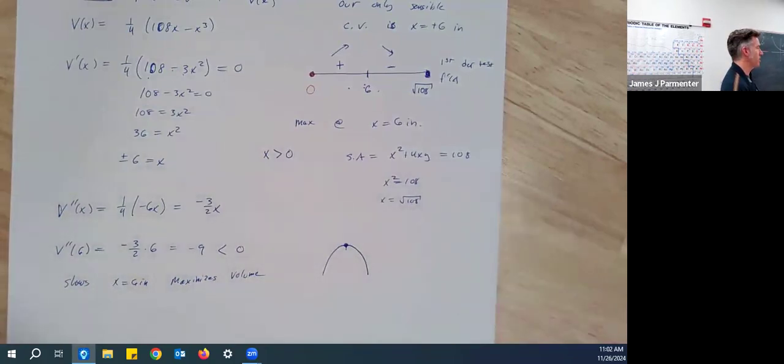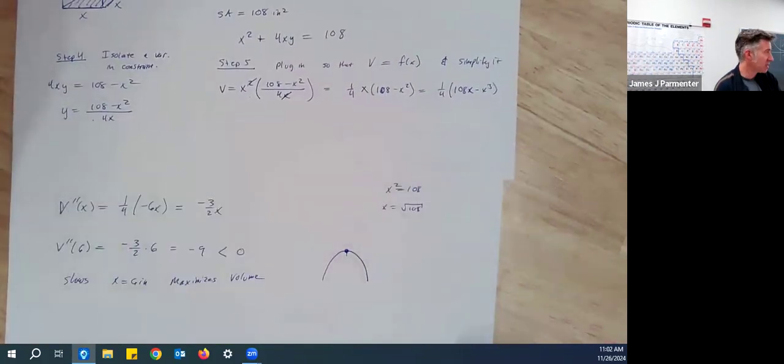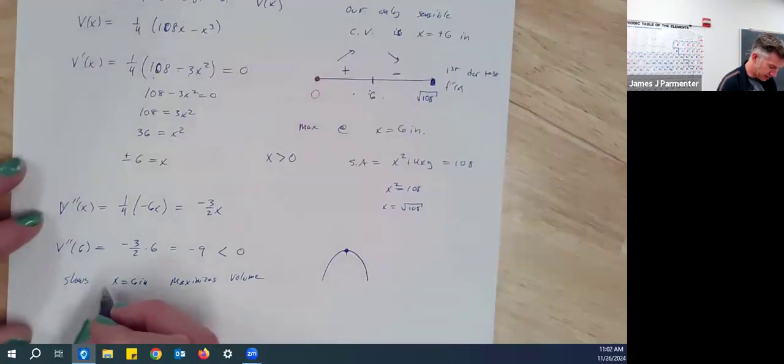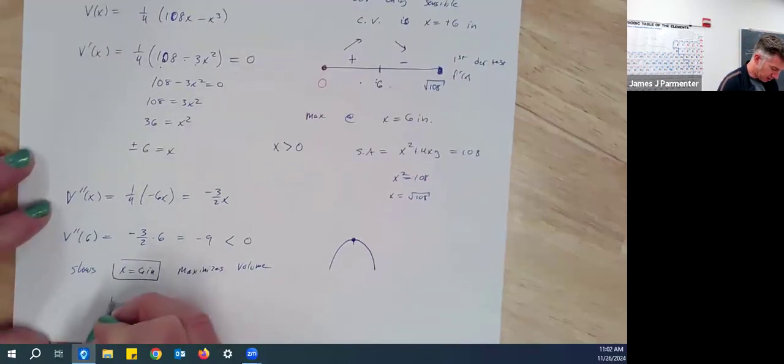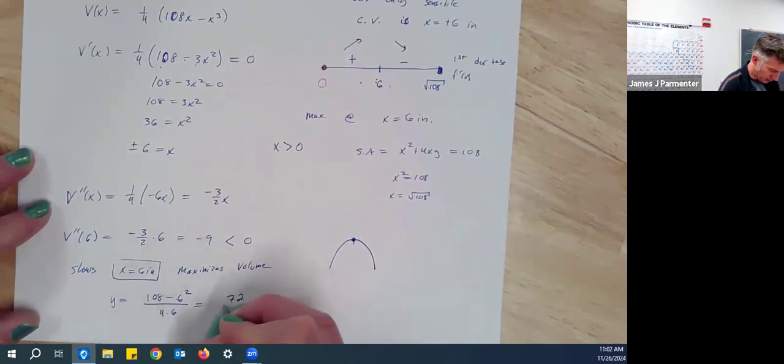Fortunately, when you're answering this question, it's almost always easy to go back through your work and find somewhere where you've written y equals something in terms of x. In this case, it's right here. y equals (108 minus x squared) divided by 4x. So if x is 6 inches, y is going to equal 108 minus 6 squared, divided by 4 times 6, which is 108 minus 36, so 72 divided by 24, which is 3 inches.